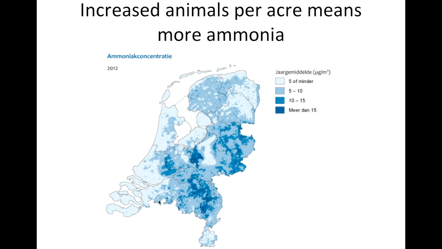And the shit needs to be injected into the soil, because if it comes into the atmosphere, then it's very, very bad for our health. Now, you can see that acidification in the Netherlands is a rather big problem. Okay, so two problems with the modern way of living are eutrophication and acidification.